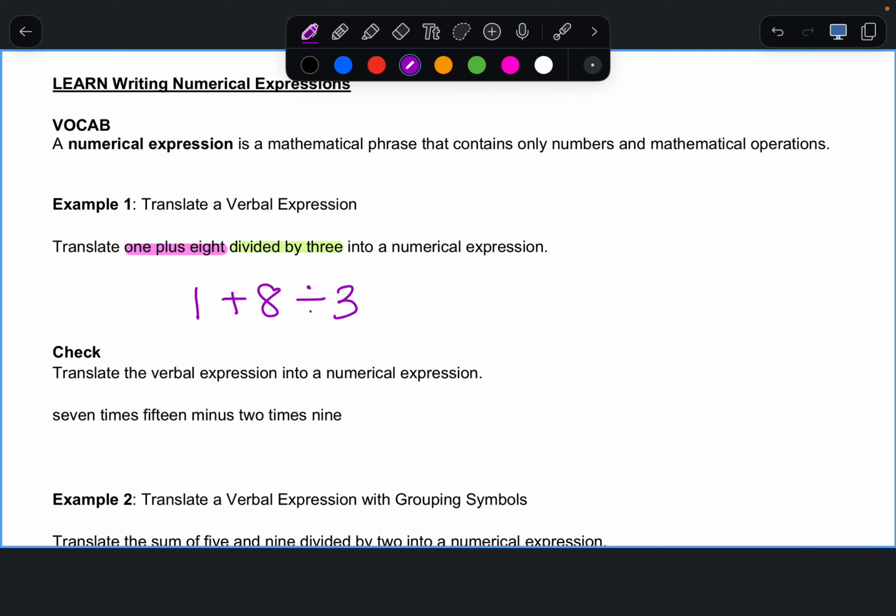Okay. Now, notice how this one is a little bit different. The sum of 5 and 9 is being divided by 2.